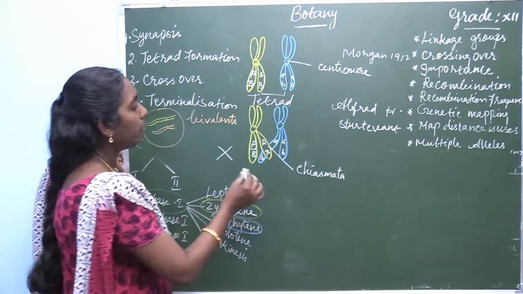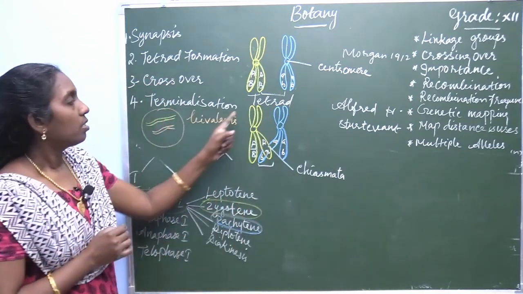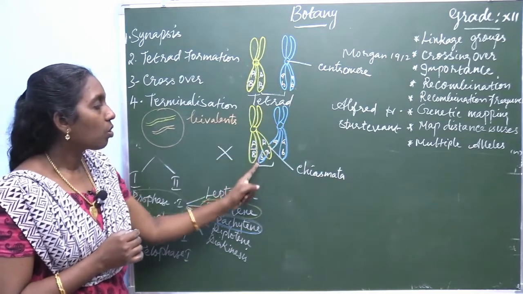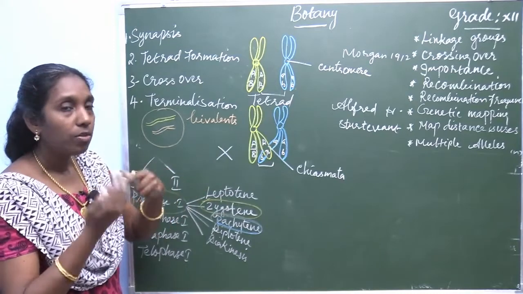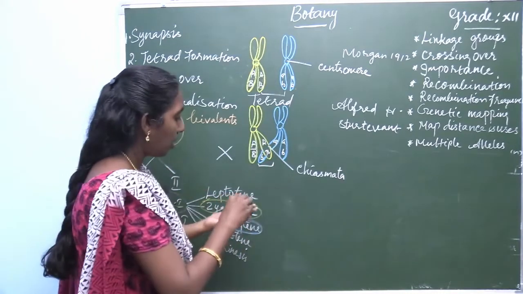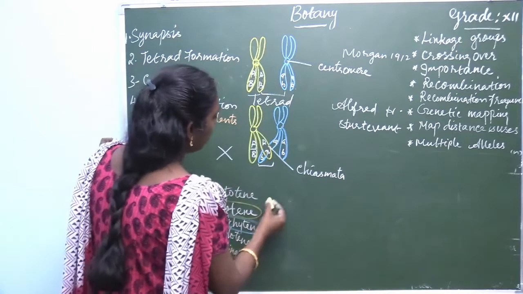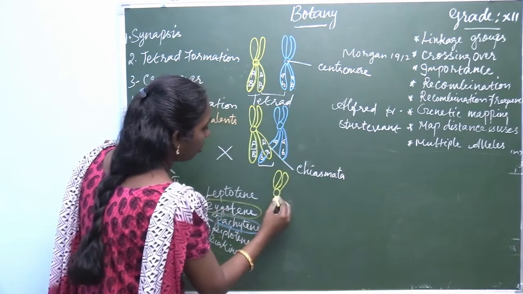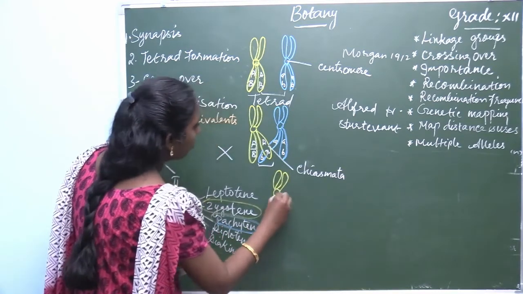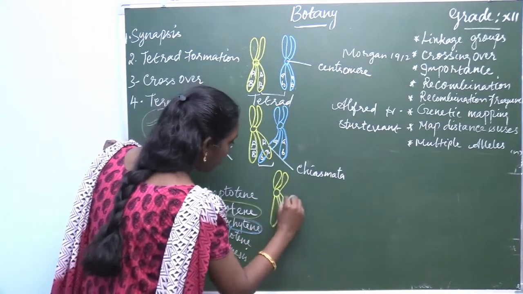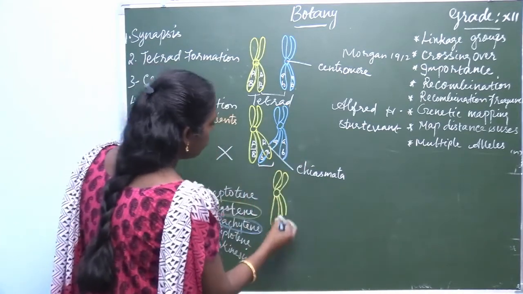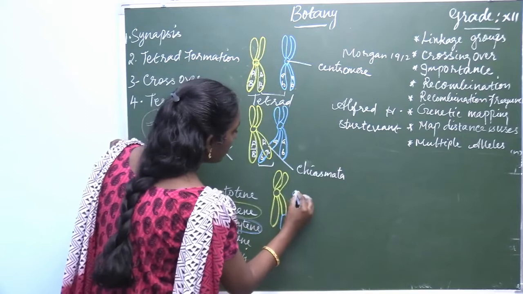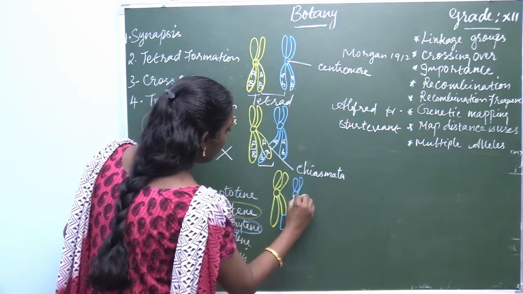As a result, it produces recombinant genes. These are related to the parental ones, and this also relates to the parent. But when crossover takes place, segments are exchanged. Here it is normal, this also normal, but here it gets half from this.